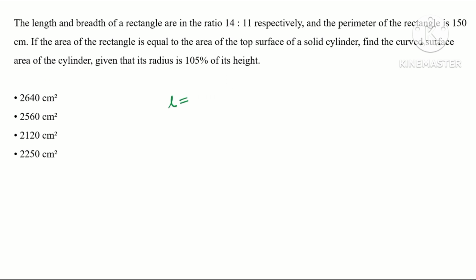In this problem, the given length and breadth of a rectangle are in the ratio 14:11. So let us think length is 14x and breadth is 11x. The perimeter of a rectangle is 2 into (L plus B) equals 150.